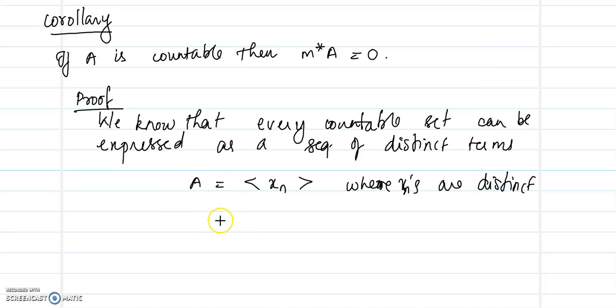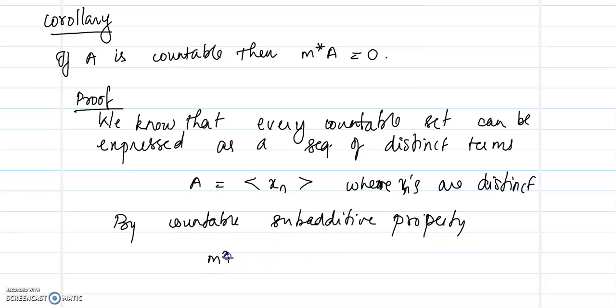Now, by the countable subadditive property, which we saw in the last class, when we take n star of A, A will be the union of all these singleton sets Xn, n equal to 1 to infinity.